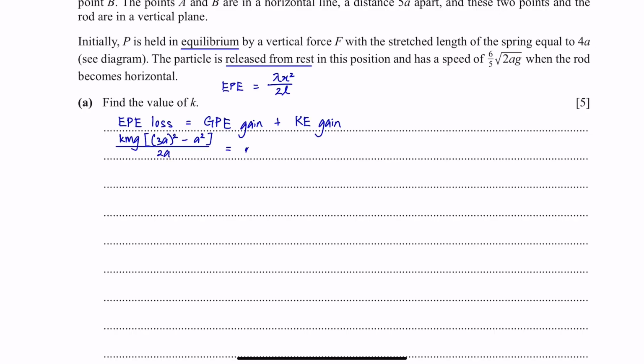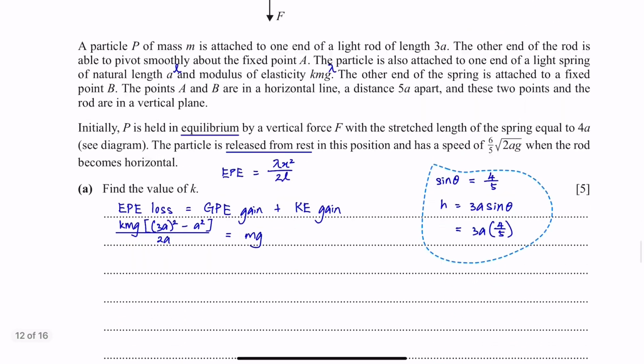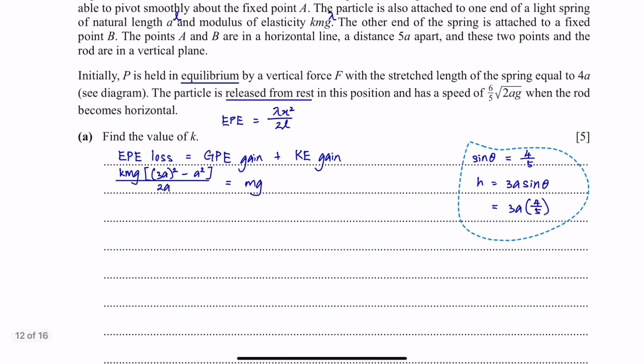equals to mgh. So h, we already found it just now. So it's equal to 12 over 5a, and for kinetic energy is half mv squared. Since the initial velocity is 0, we can just take the final velocity and square it.